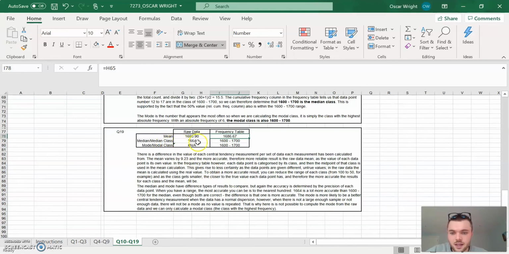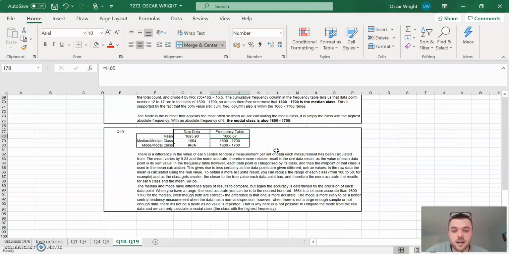For the median and the mode, we have different types of results to compare, as we have the median of the raw data versus the median class, and the same for the mode versus the modal class. Here again, the accuracy is determined by the precision of each data point. So here we can say, whilst both are correct for the median, 1664 is correct, and 1600 to 1700 is also correct, as is proven by the fact that 1664 lies within that class.